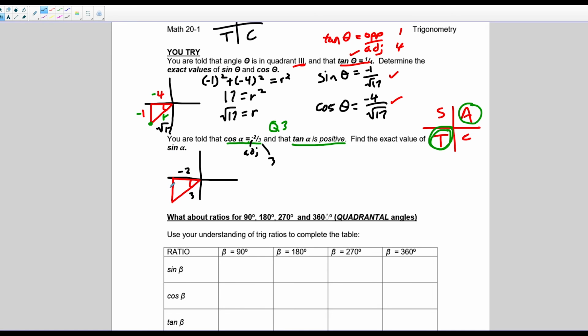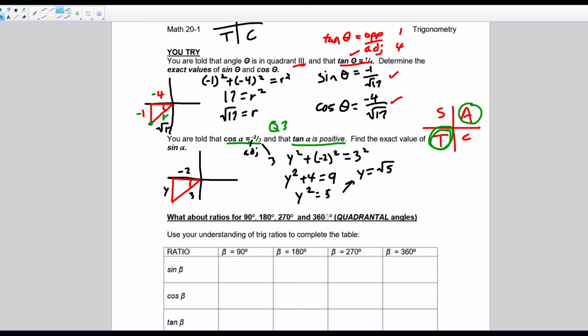The only thing left that we need to figure out is our y value, which is right here. So we can quickly figure that out using the Pythagorean theorem. We have y squared plus -2 squared is equal to 3 squared. So we have y squared plus 4 is equal to 9. y squared is equal to 5. And from here, we get y is equal to the square root of 5.